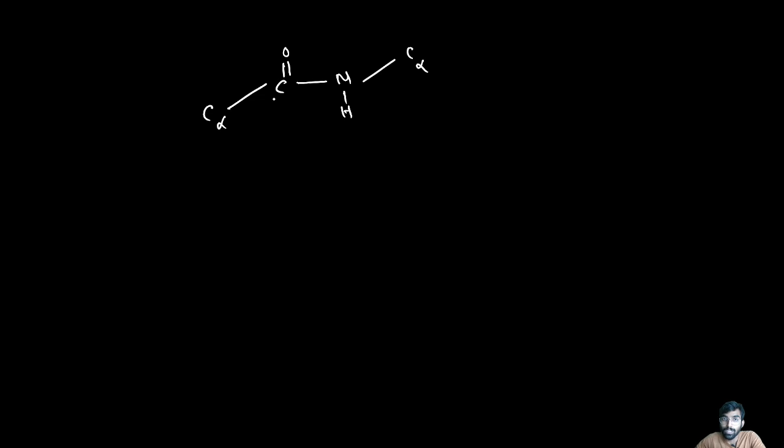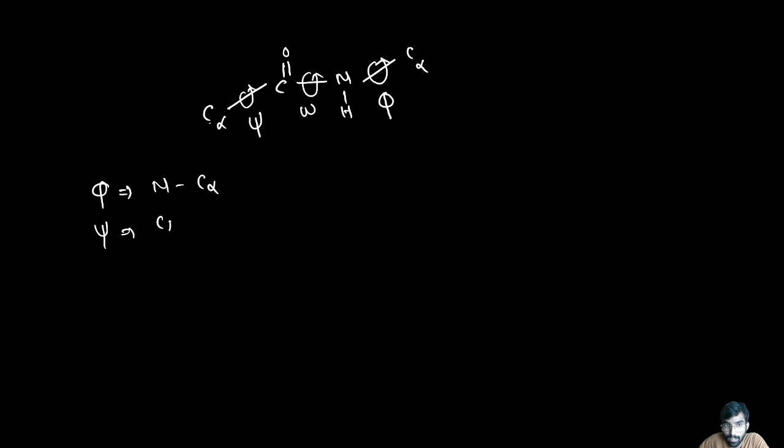The rotation between N and C alpha is generally termed phi, the dihedral angle between C alpha and C is generally called psi, and the rotation of the CN bond is called omega. So phi is between N and C alpha, psi is between C alpha and C, and omega is between C and N.